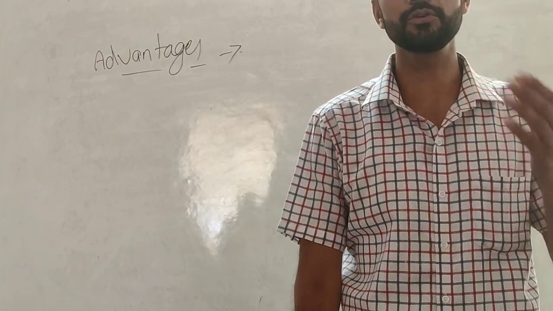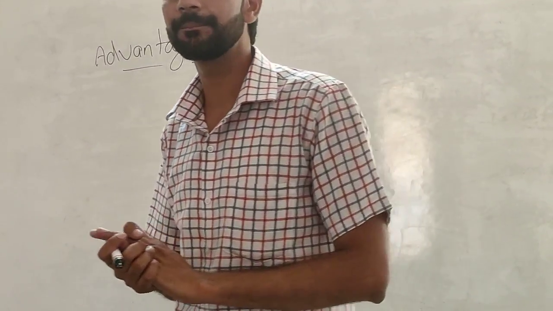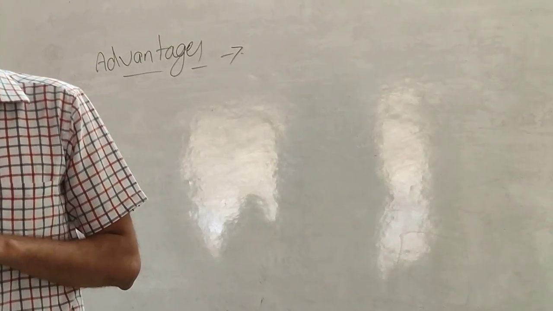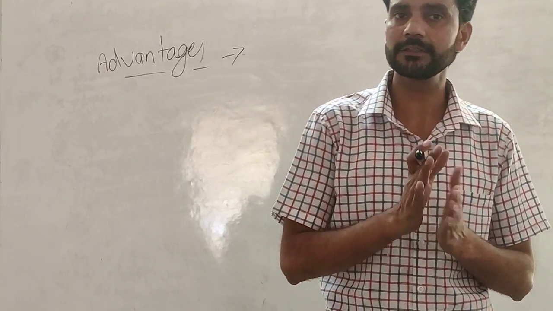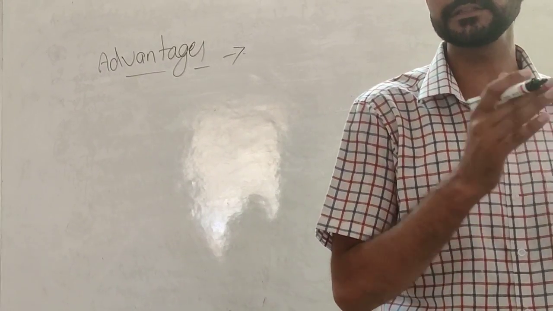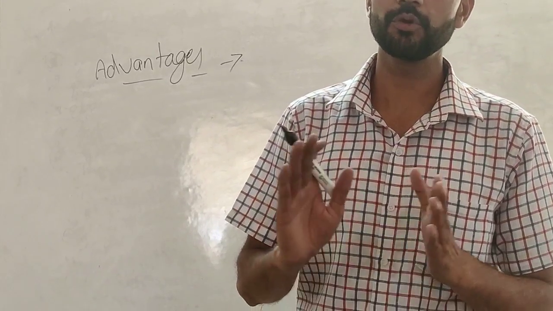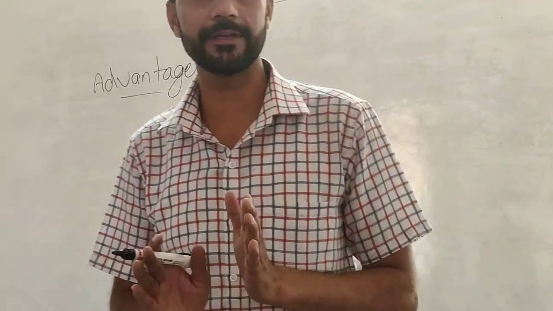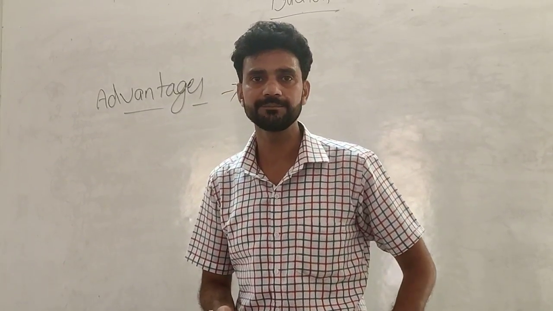That energy is totally a loss of energy, because the energy produced by the frictional force is of no use. When we apply brakes, heat energy is produced, and that energy is totally wastage, because we are not using it anywhere. So these are some advantages and disadvantages of friction.